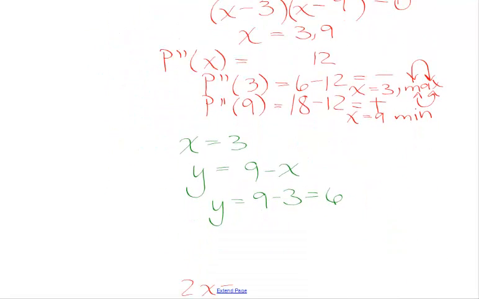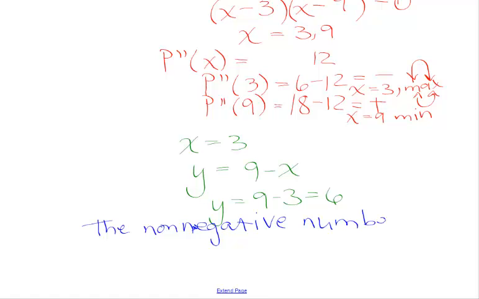I would say the non-negative numbers are 3 and 6. They do have a sum of 9, and we are guaranteed, because of the second derivative test, that the product of x times y squared will be a maximum.